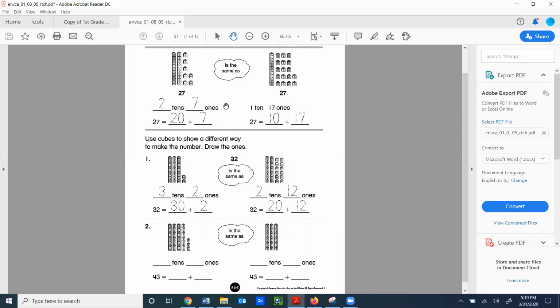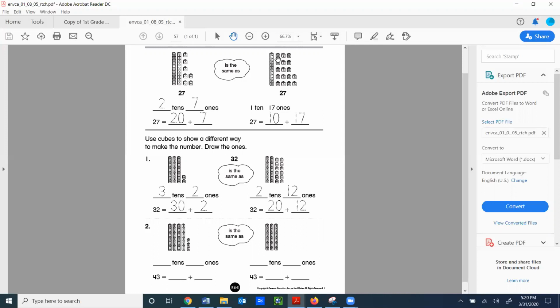Over here is after they've broken apart a 10. So now we only see 1 10, and I know that these 2 rows right here are 10, so I'm going to count by tens and then count on. Oh, Mrs. Murch counted that wrong. Let's go back. That's okay. Sometimes we count things incorrectly. So there's 1 10 here. Let's try that again.